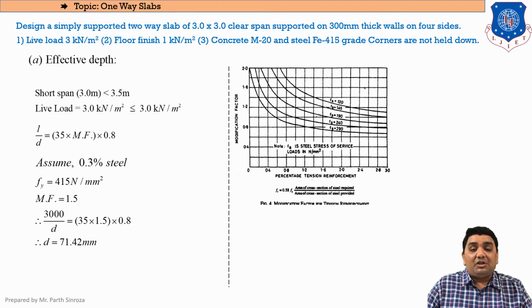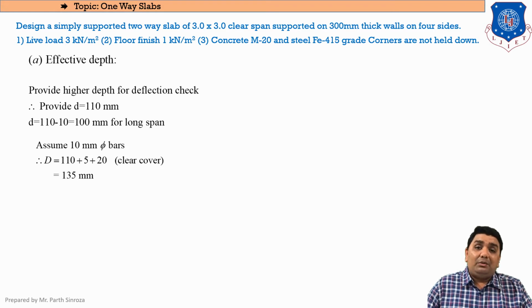Now in the one-way slab section, we always assumed small d to be 150 mm. But for two-way slab sections, that will be changed. For two-way slab sections, we will always be assuming d, that is our effective depth, to be 110 mm. So whenever you are solving a two-way slab, we will always be assuming small d, that is effective depth, to be 110 mm to satisfy our checks that we will be seeing later on.